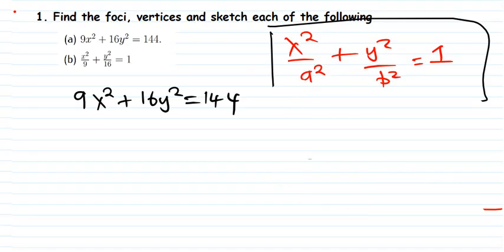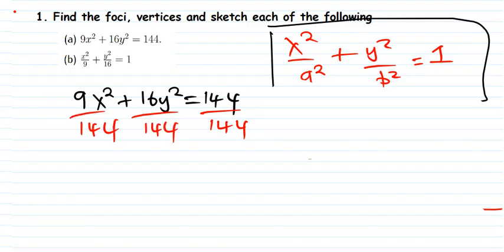One thing we know is we need to have a 1 as the constant on the right, so we can divide by 144. Of course 144 by 144 is 1.